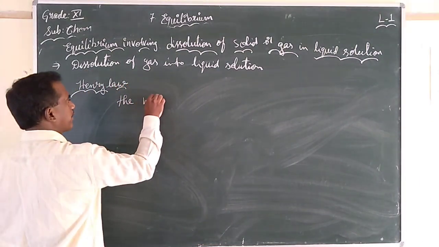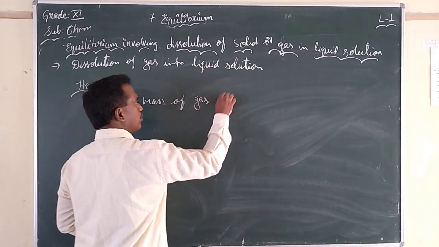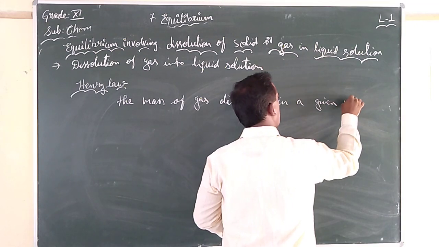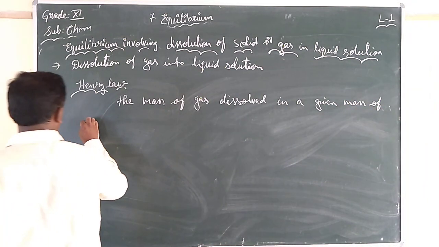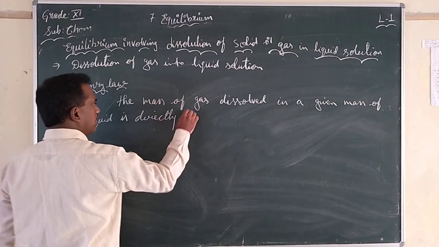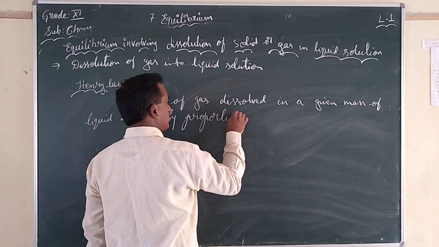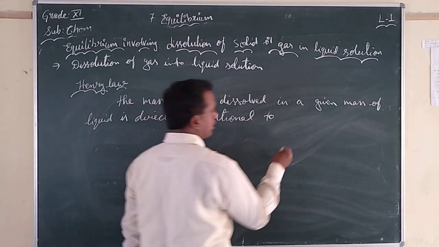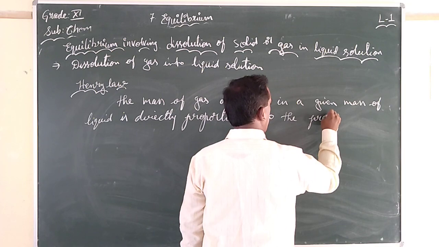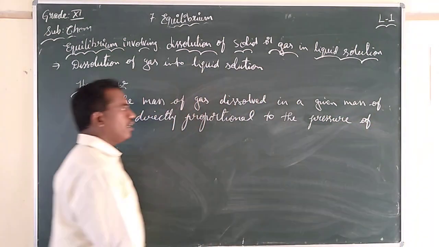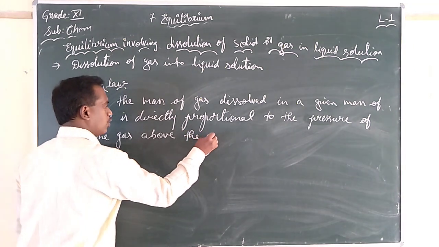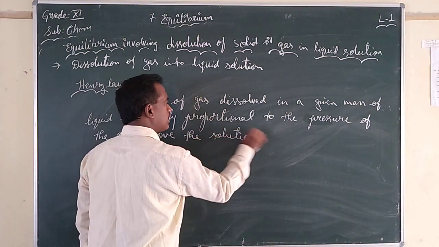The mass of gas dissolved in a given mass of liquid is directly proportional to the pressure of the gas above the solution.